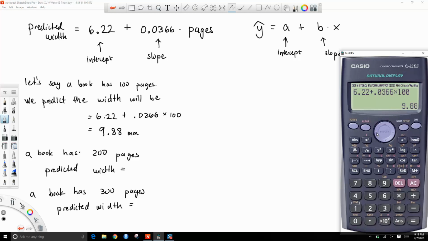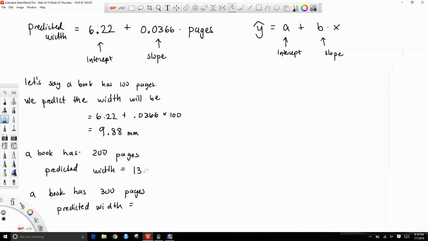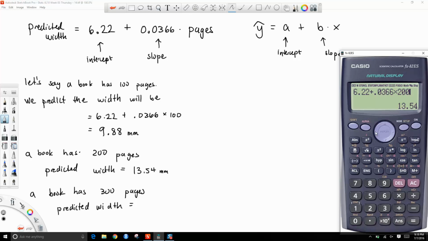So what do you guys have? 13.54. Okay, so for 200 pages, we have 13.54 millimeters thick. And then for 300 pages, we are at 17.2 millimeters.